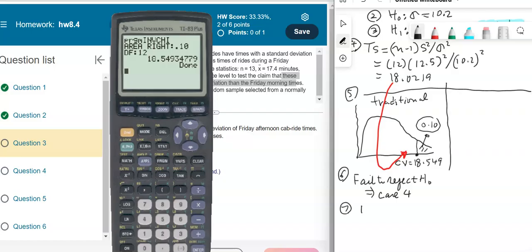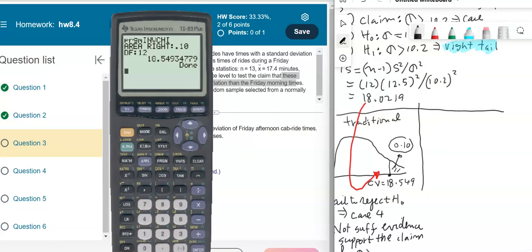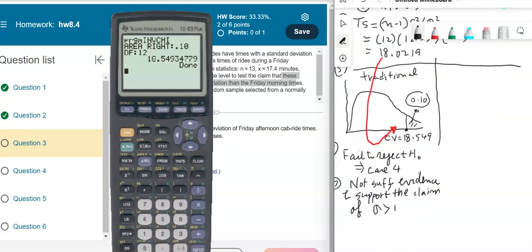Final conclusion: not sufficient evidence to support the claim of variation is greater than what? 10.2. Okay.